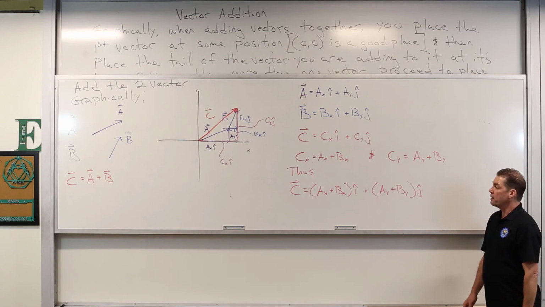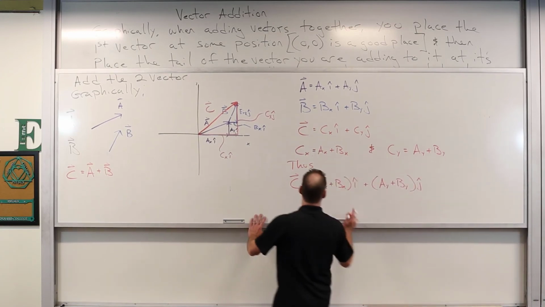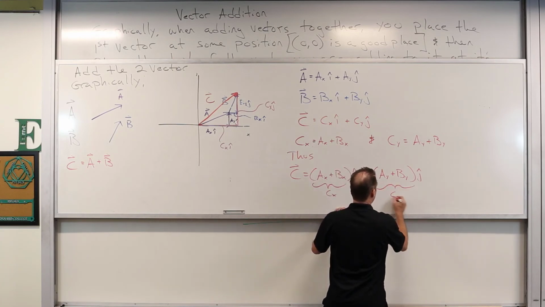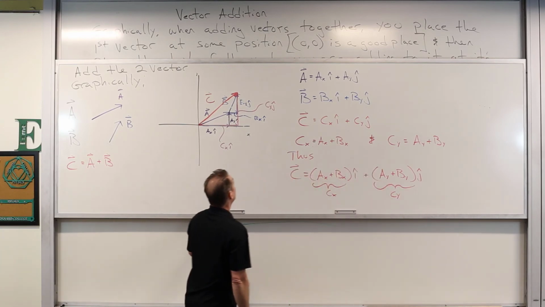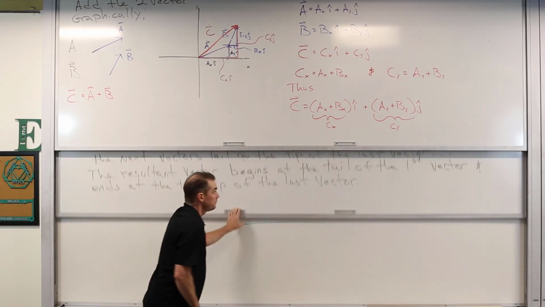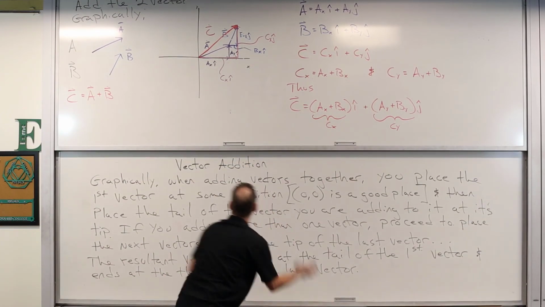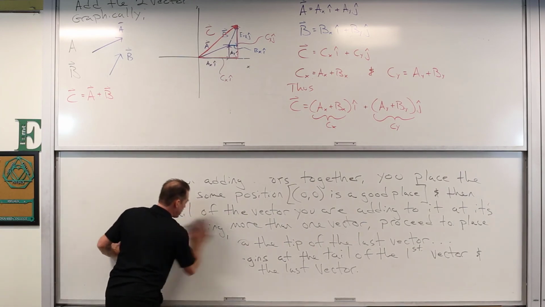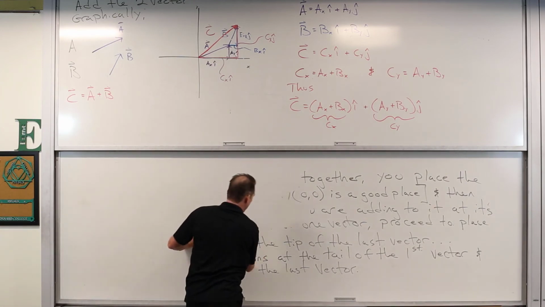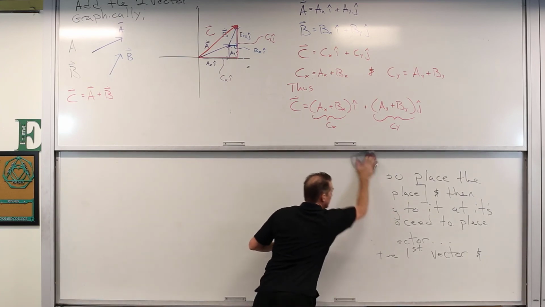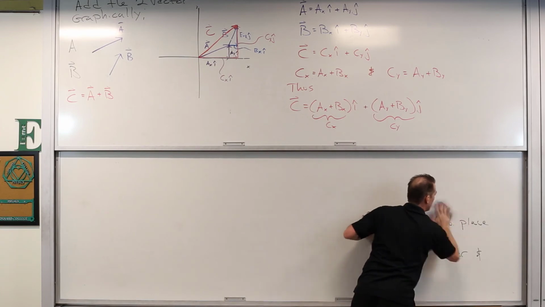What happens if we want the magnitude and direction? Again, we could note that this is C sub x, and this is C sub y right there. What is the magnitude and direction of C hat?